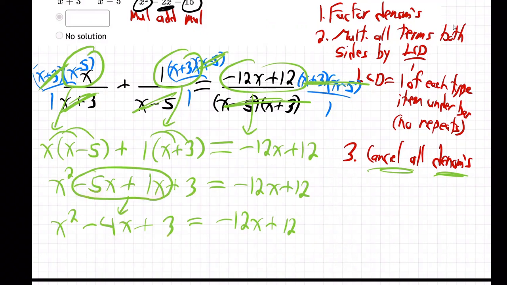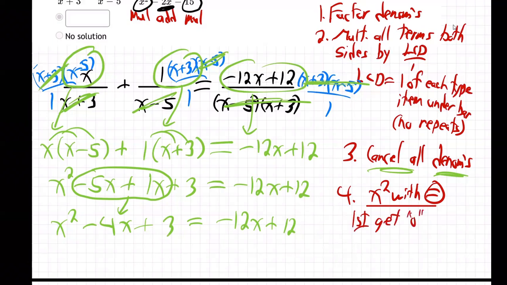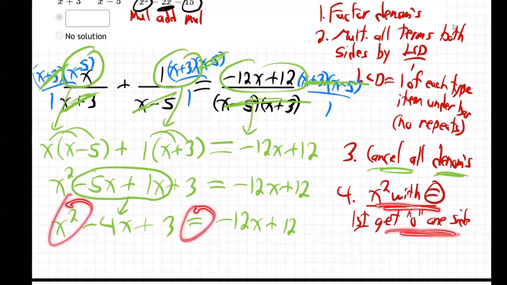Now notice we have an x squared. We have an x squared. So what do we do when we have x squared with an equals? It's been a long time since we've had this, back in, I forget which chapter, but what we have to do is first, you have to get 0 on one side. Whenever x squared with an equal sign pops up, first step is to get 0 on one side.